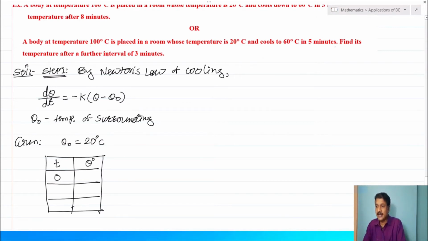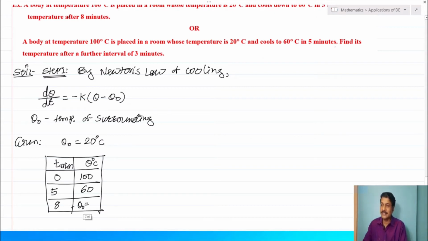So here theta is 100 degrees Celsius, placed in a room whose temperature is 20 degrees Celsius and cools to 60 degrees Celsius in 5 minutes. Means after 5 minutes, temperature of that body is 60 degrees Celsius. Find its temperature after a further interval of 3 minutes. It means 8 minutes. After 8 minutes, what is the temperature of that body?